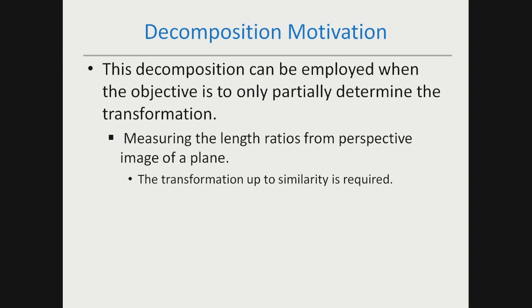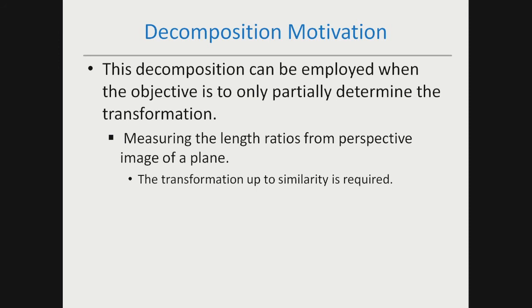If I want to measure the length ratio in my image, it's enough to recover up to similarity. So I don't need to do the entire computation. If I recover up to similarity, I can compute the length ratios.